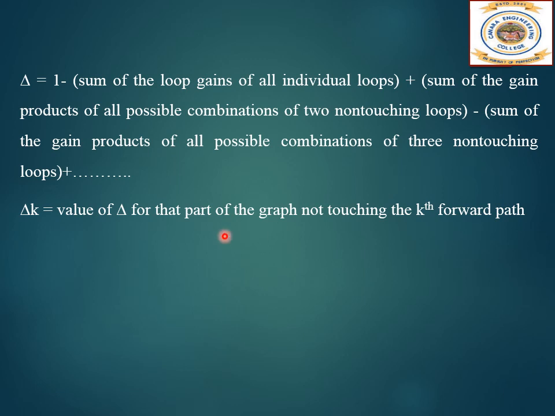Then Δk is the value of Δ for that part of the graph not touching the kth forward path. This will be clear when we start with the numericals. At that time we will understand how to write Δ and Δk. So we'll start with the numericals now.